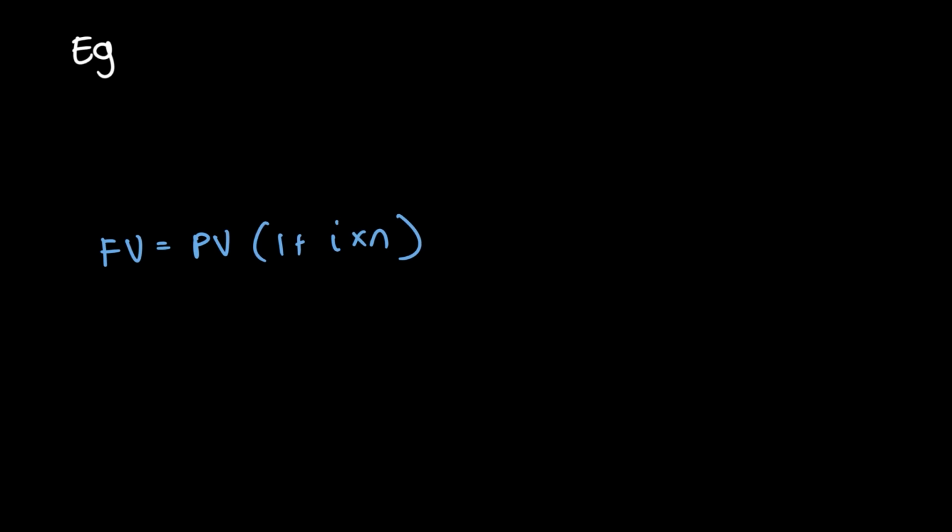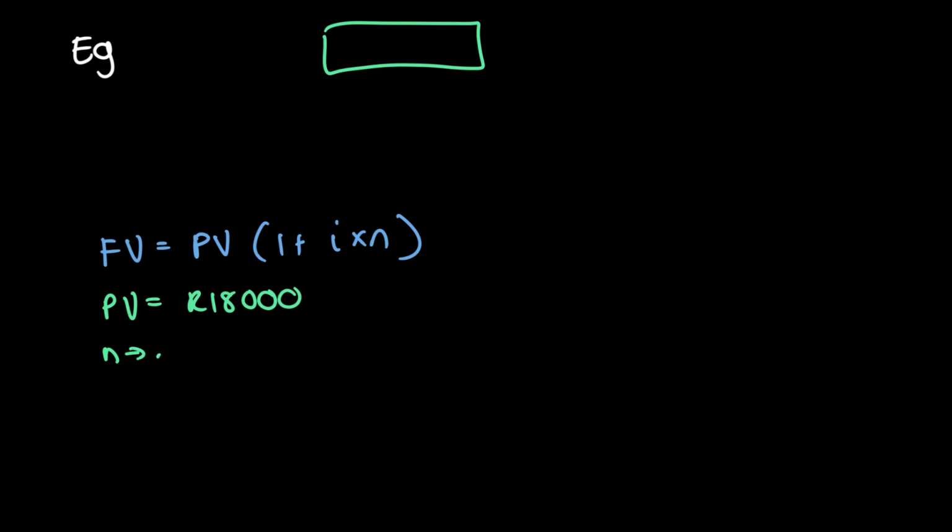Next up, we're going to look at what information we have and whether it is in the right units. So we're going to invest 18,000, so the present value is 18,000. Then we have n, which is currently in months.